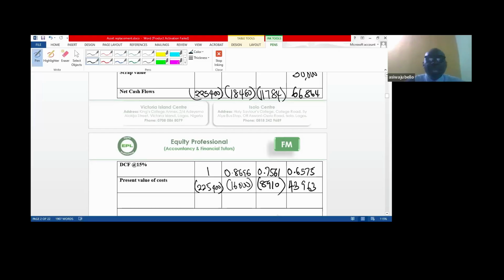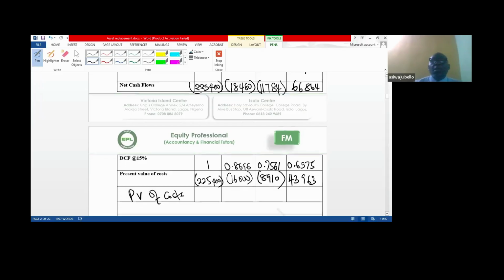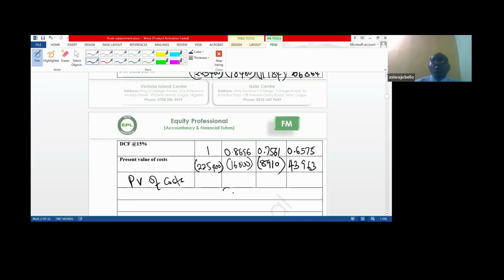You can now get the present value of cost. Here we have present value of cost, $206,346.92.